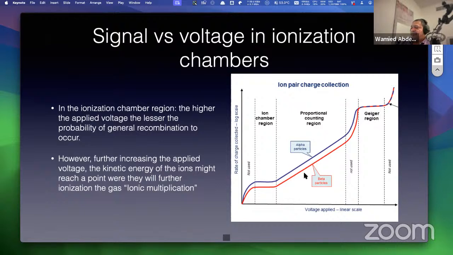There are definitely some applications of ionization chambers operated in this region and in the Geiger region, but this is the region in general where we want to operate our ionization chambers in order to determine the dose. This effect we call charge multiplication. A single charge produced in the cavity will further produce other charges because of being highly accelerated by the high voltage used in the collection process.